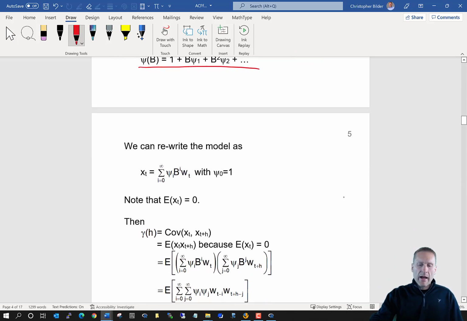Now we can rewrite this particular model, similar to what we saw with the moving average q model, where now we have x sub t equal to the sum from i equals 0 to infinity of psi sub i, B raised to the ith power, w sub t, where psi sub 0 is equal to 1. And again, we just do this for convenience.